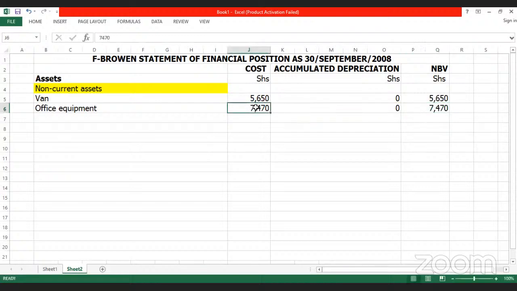We first look at the basics, then we shall get questions with those extra adjustments. Then we see how to incorporate depreciation and other adjustments like prepaid expenses, accruals, and so on. But for now, we don't have those adjustments in this question.